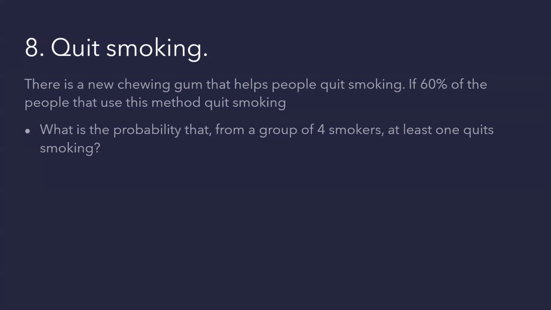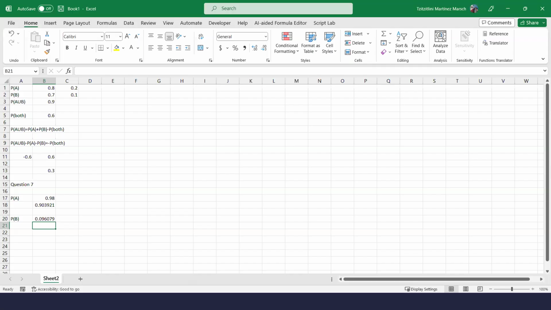So since we're not talking about all the rest of them quitting, we're talking about at least one quitting, and the rest, well, we don't know if they will or not. So the probability that they won't quit, if the probability that they will quit is 60%, the probability that they won't is going to be 0.4.